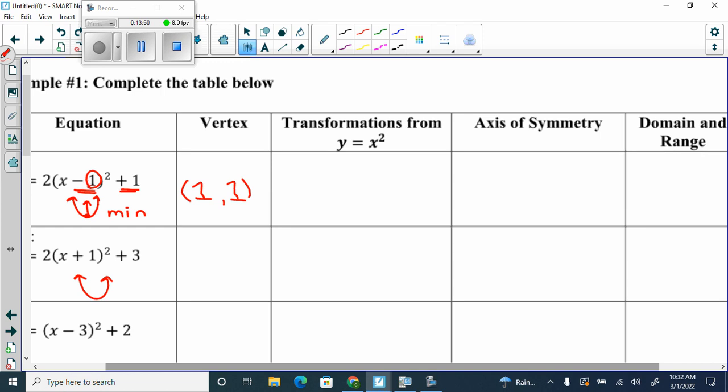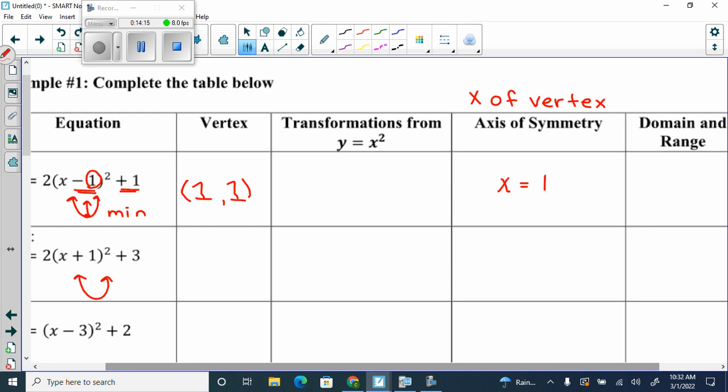What's beside the minus sign? What's my axis of symmetry? x equals 1. It's just the x of the vertex. So I'm going to write this up here to help myself out. x of vertex. So x equals 1.